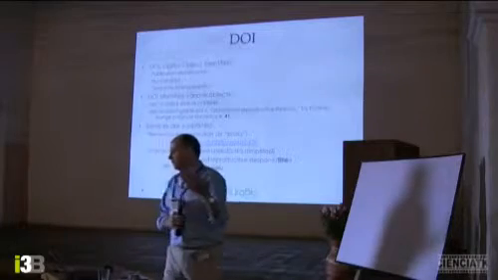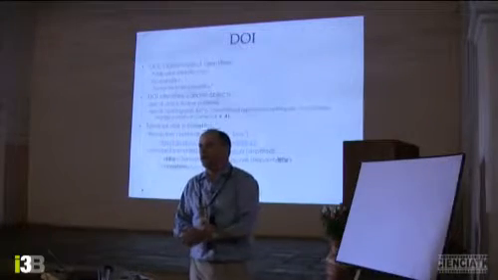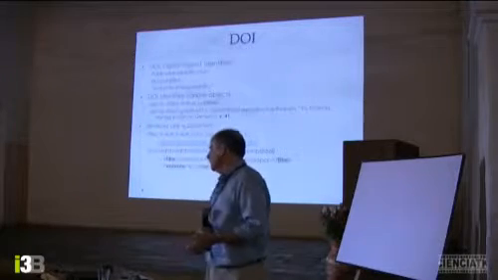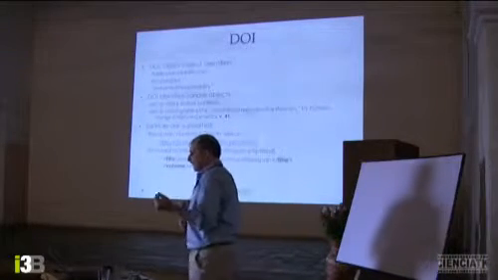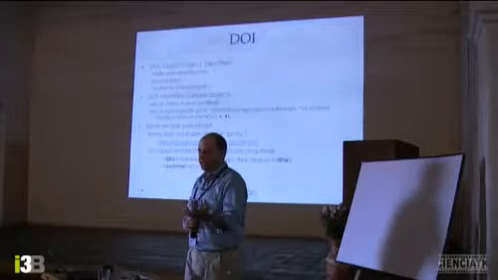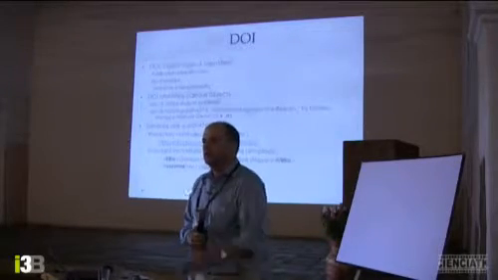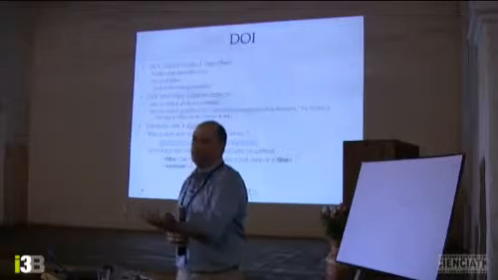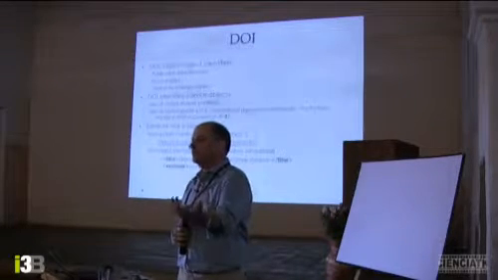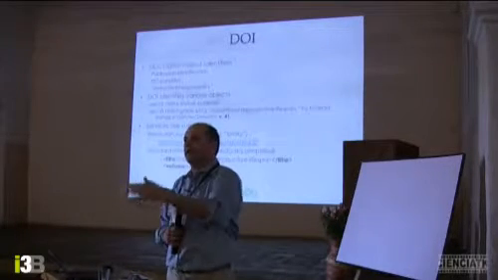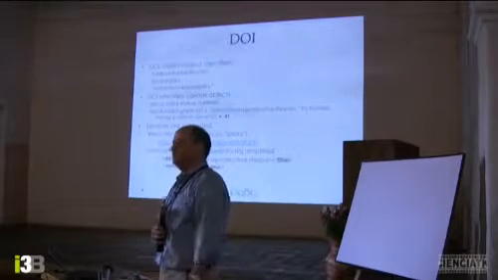Now, a digital object identifier is used by the publishing industry for publications. They put an identifier on an object, and they have services. You can present this object identifier to a website, and it will take you to the publisher's page for that publication.